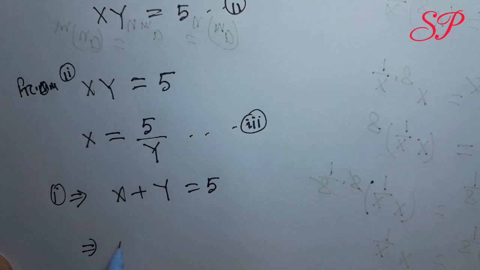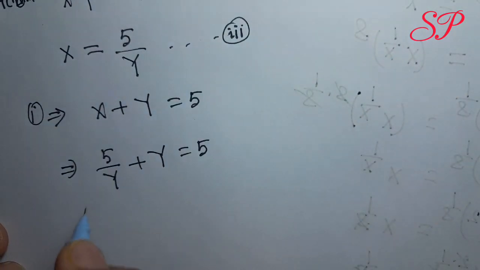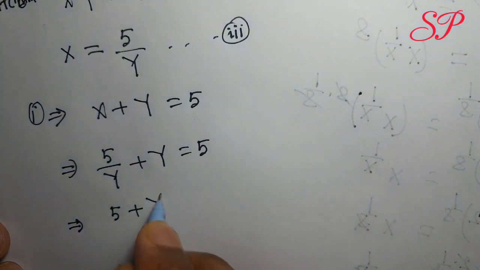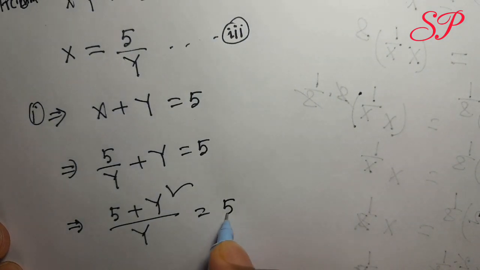Putting this value, 5 by y plus y is equal to 5. Then simplifying this equation we can write (5 plus y square) by y is equal to 5.